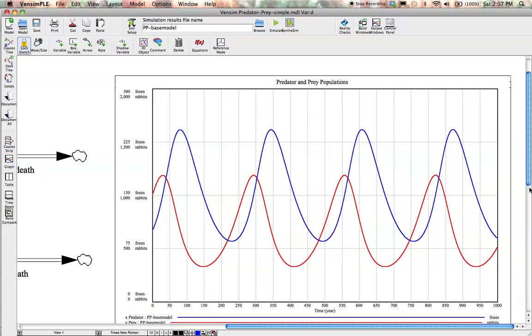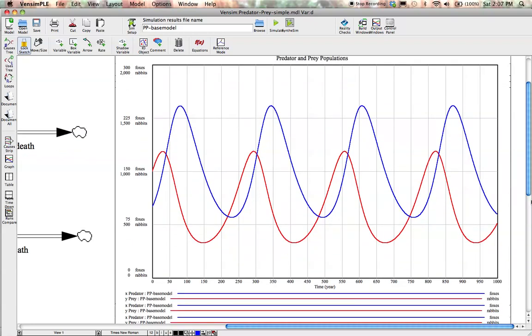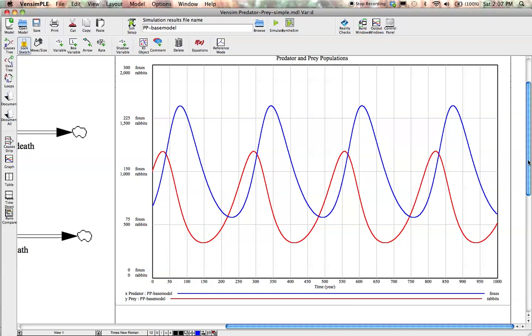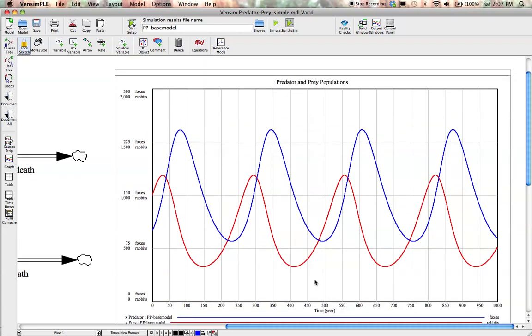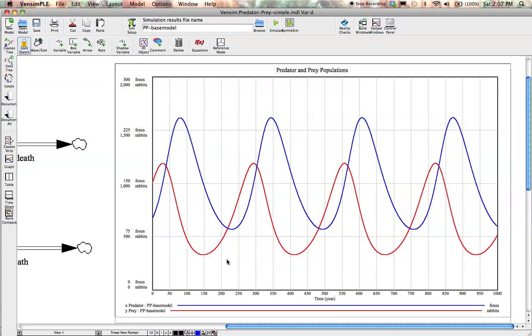This graph shows the value of both populations, and I'll show you in a second how to generate these graphs as a custom graph. Essentially, the predator population is in blue, and the prey population is in red. So these are the foxes, and these are the rabbits.